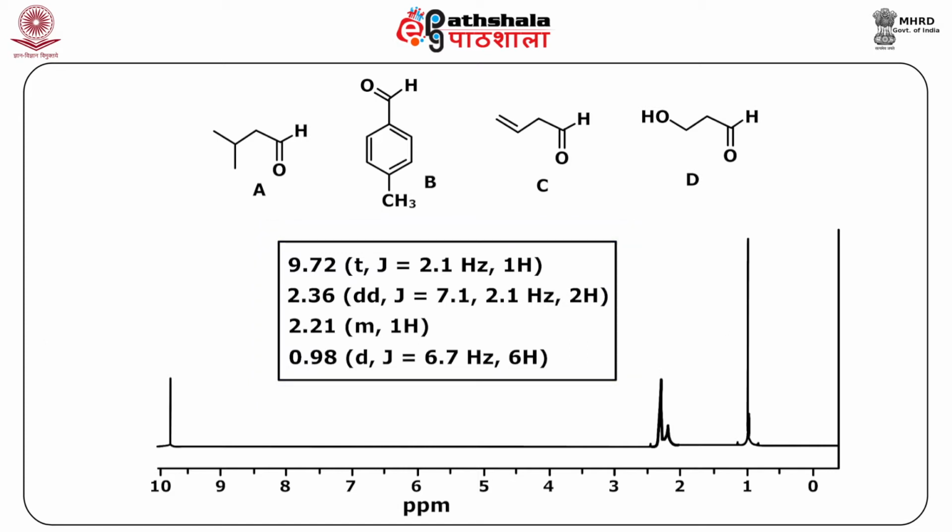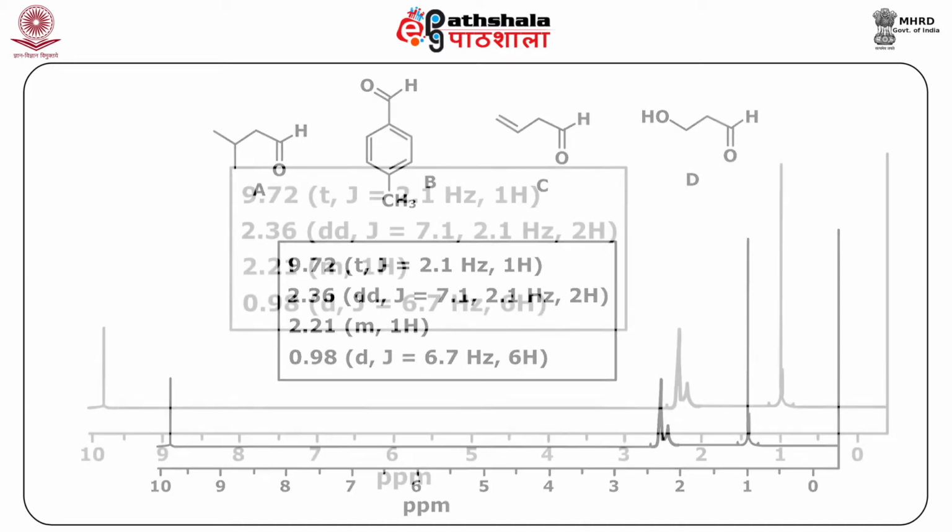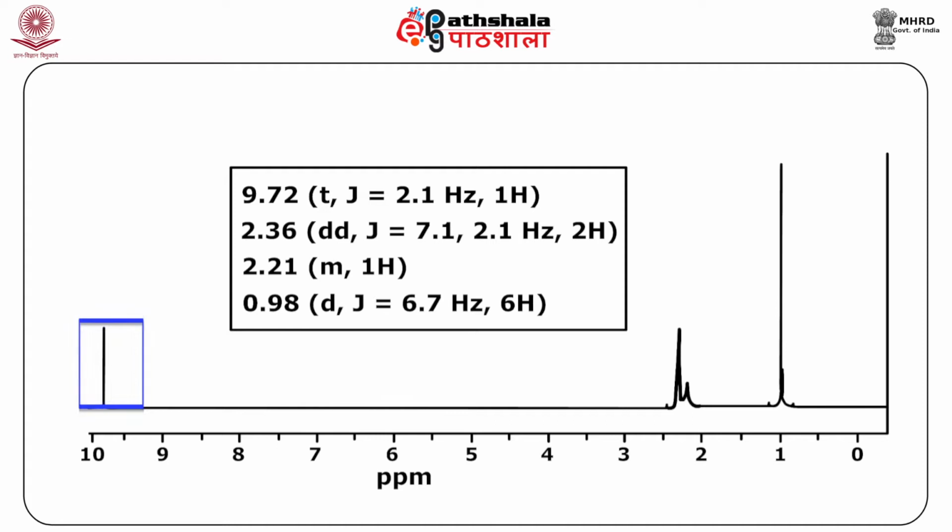How do we primarily explain the given data and correlate it with the given compounds? A peak at 9.72 ppm, which is a very downfield value, is for an aldehydic proton as it is connected to a highly electronegative group. Now, this peak indicates the presence of 2 hydrogens adjacent to this carbon. The doublet at 0.98 is indicative of 6 protons, which shows the presence of an isopropyl linkage.